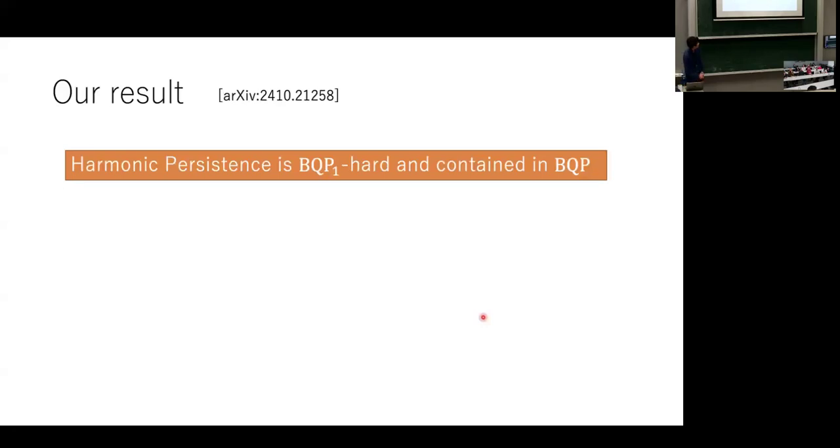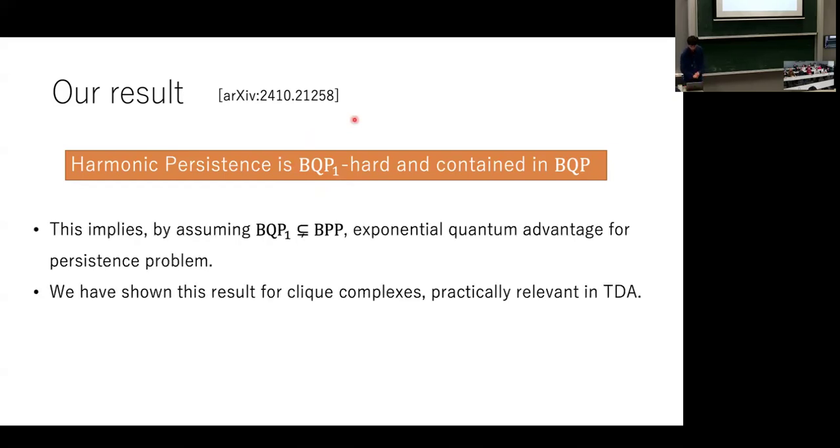Then our result is that this harmonic persistence problem is BQP1-hard and contained in BQP. BQP1 means a perfect completeness version of BQP. So this implies, assuming that BQP1 is not contained in BPP, there is an exponential quantum advantage for this harmonic persistence problem.